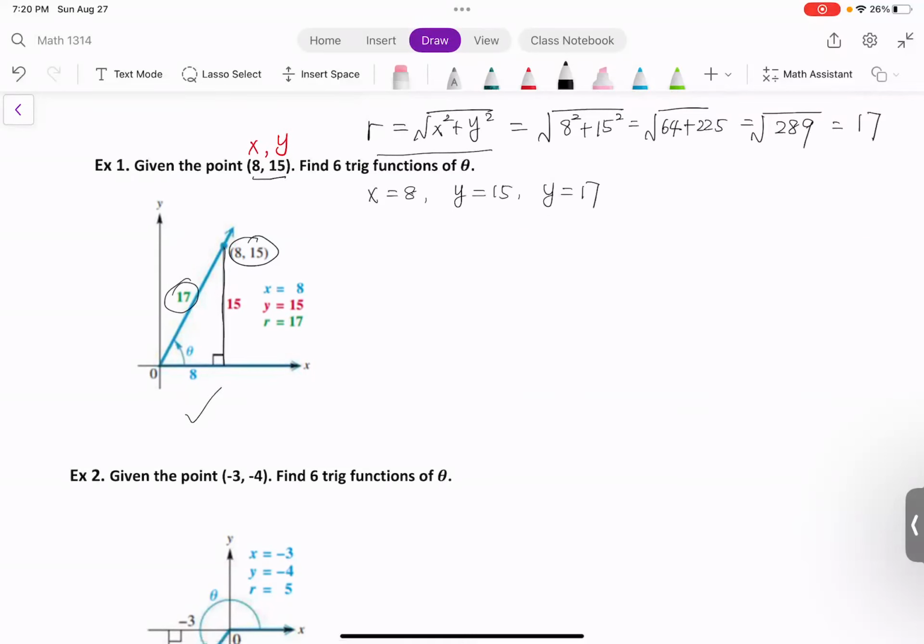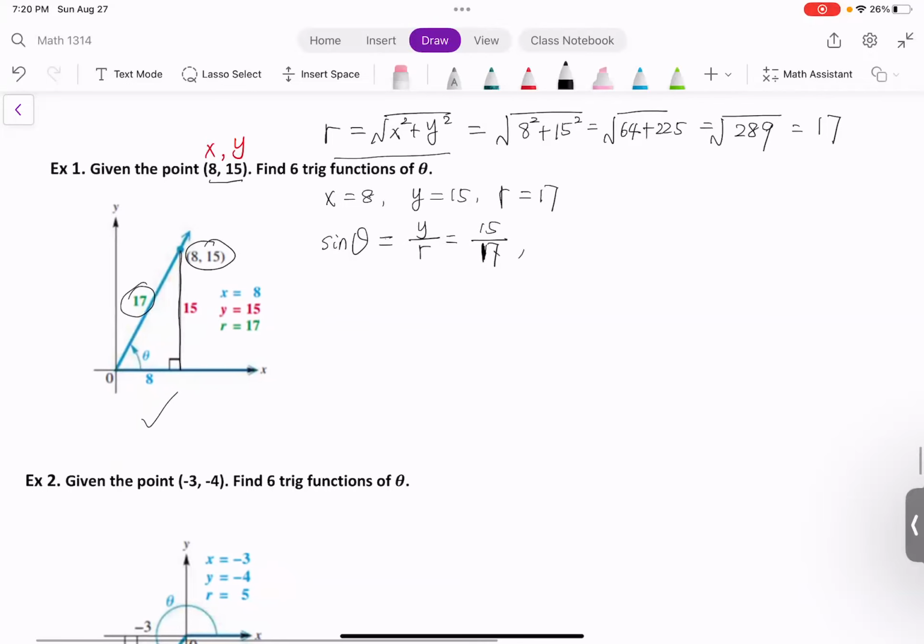All right, let's see what sine theta is. We don't always say the angle is theta. Sometimes we say angle A, angle B, angle alpha, beta, or omega. So sine theta equals y over r. There's a typo here. So y is 15, r is 17. So we're done.